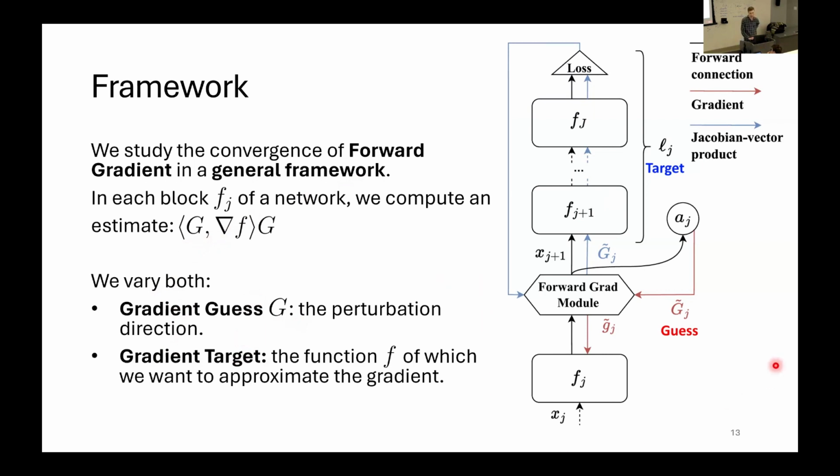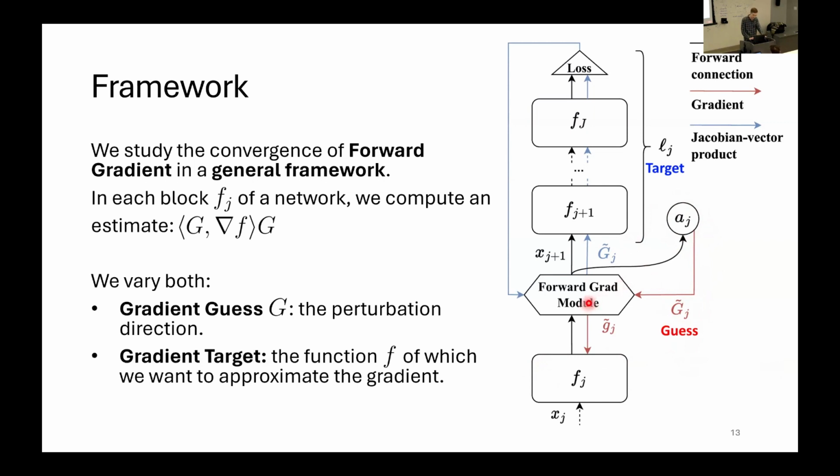Here is, for instance, what happens if the gradient target is just the full network, like before, and the gradient guess comes from the gradient of a local loss. Here we are at block g, and we have A_g, a small auxiliary net with a local loss, that provides a gradient g tilde. This will be what we call our guess.